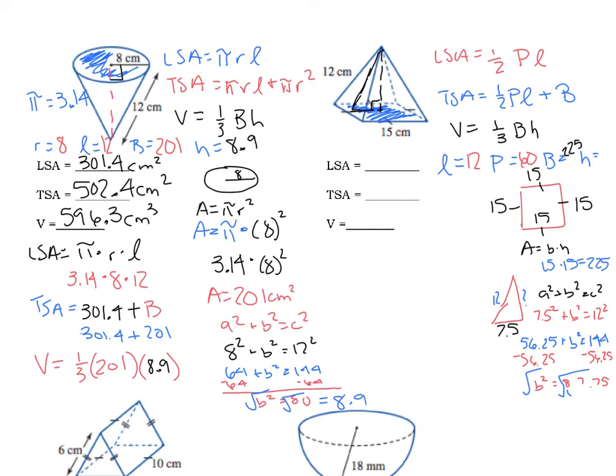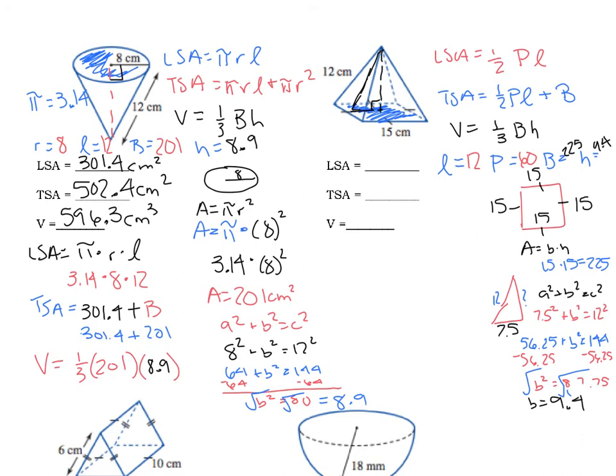So if I take the square root of 87.75, we get the decimal answer of b having to equal 9.4. So our height is 9.4.